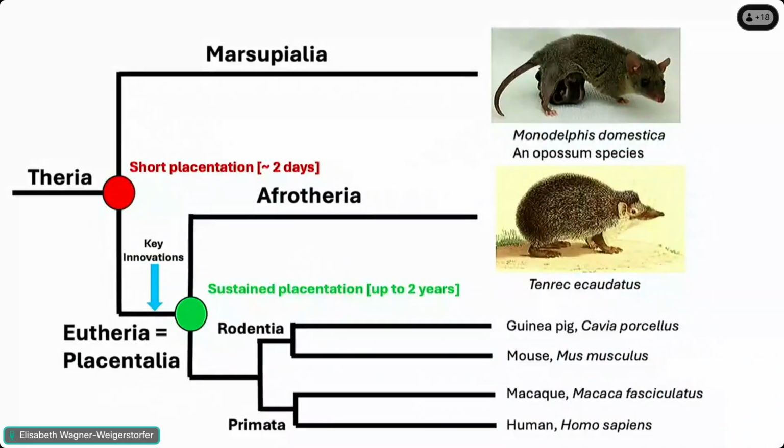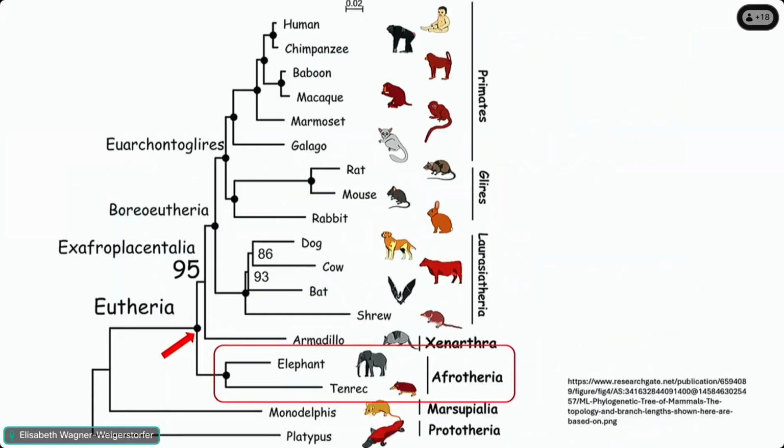That means that the interesting evolutionary innovations actually happened between this node and this node, which is the stem lineage of the eutherians, because what is interesting is the ability to have the sustained fetal-maternal relationship.